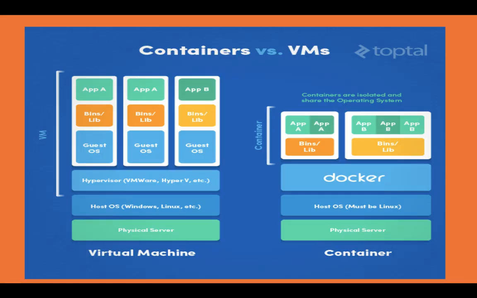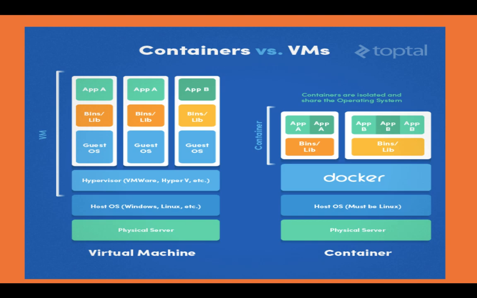So let's see the difference between virtual machines and containers. On the left-hand side you can see the architecture of a virtual machine or virtualization. On the right-hand side you have containers. On the virtual machine side, you have a physical server and host operating system. The host operating system can be anything, but on the Docker side, the host operating system must be Linux.